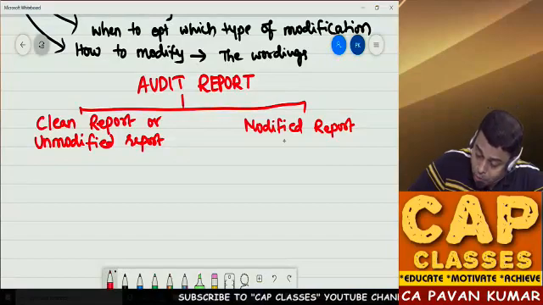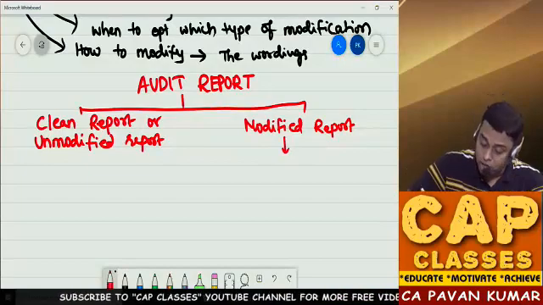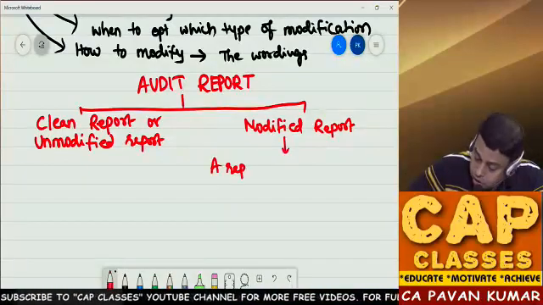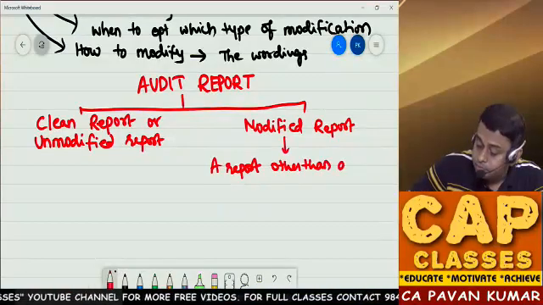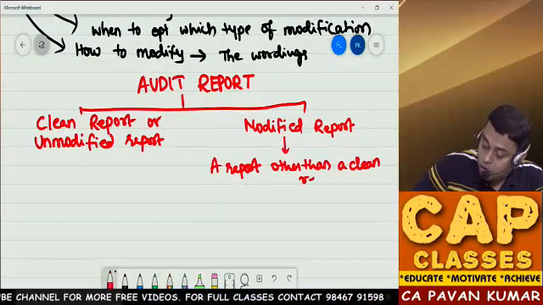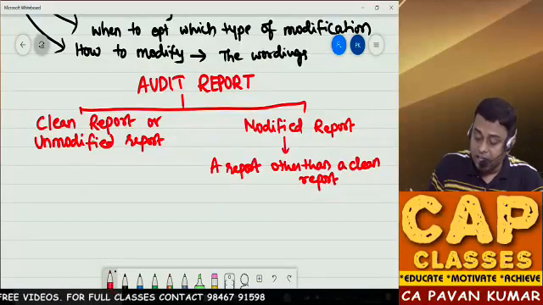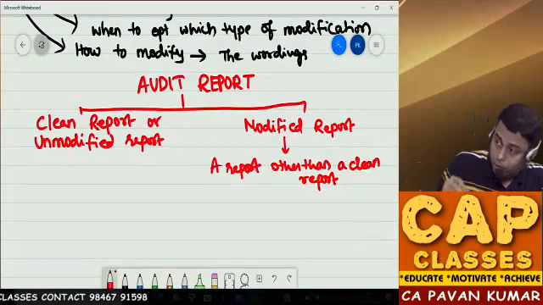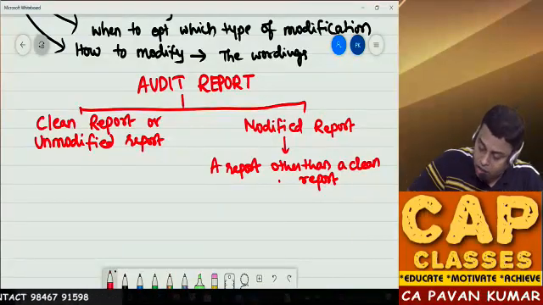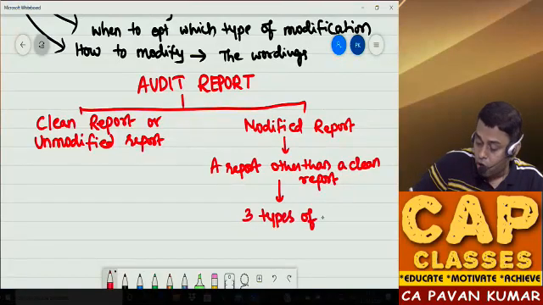What is a modified report? A modified report is a report other than a clean report. How many types of modified reports are there? There are a total of three types.